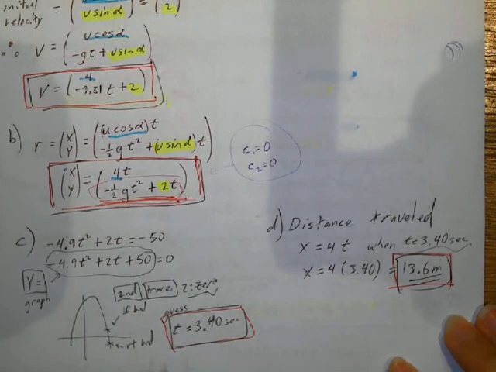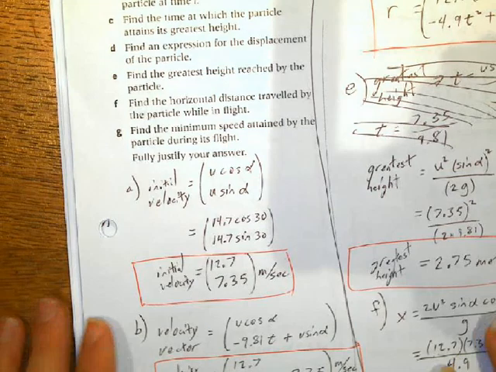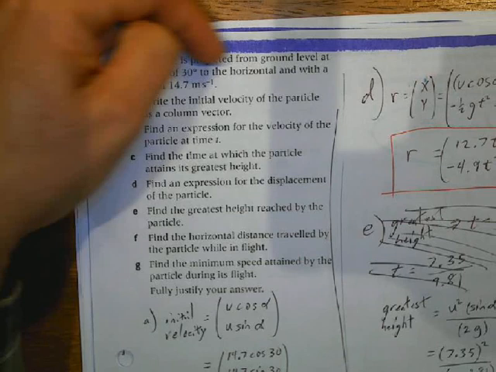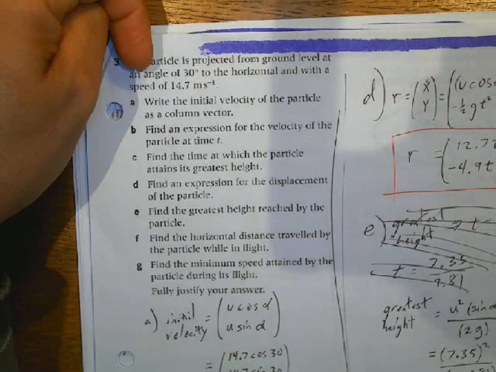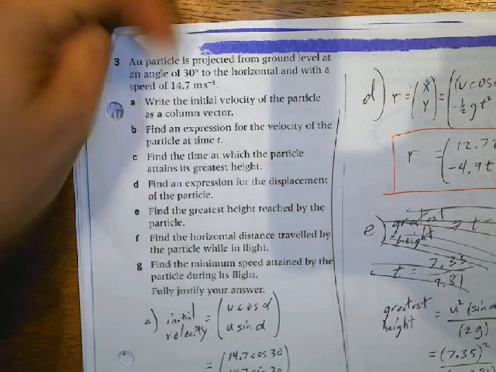Okay, let's do question 3. And then for the ones after that, I'm just going to show you the answer and let you try to figure it out. So question 3. A particle is projected from the ground at an angle of 30 degrees to the horizontal with this speed.